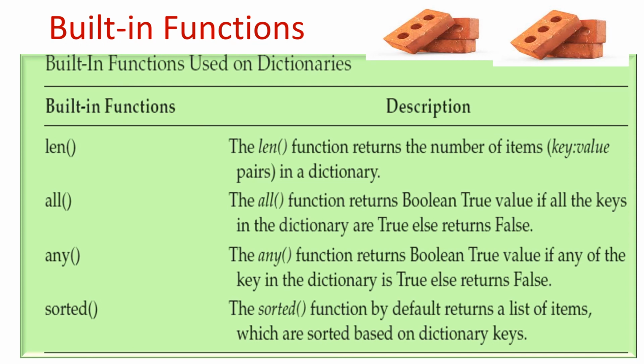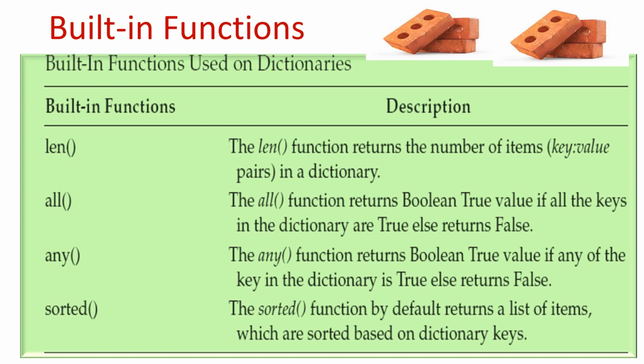Python provides built-in functions which are used on dictionaries. So we'll see some of the built-in functions available. The len function returns the number of items in a dictionary, and the all function returns true if all the keys in the dictionary are true, or else it will return false.